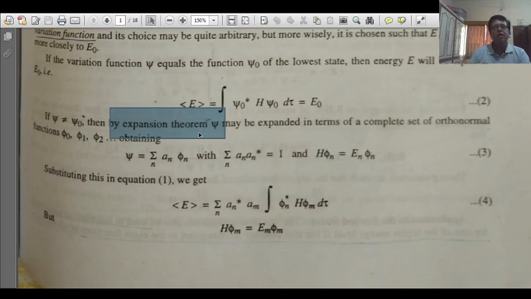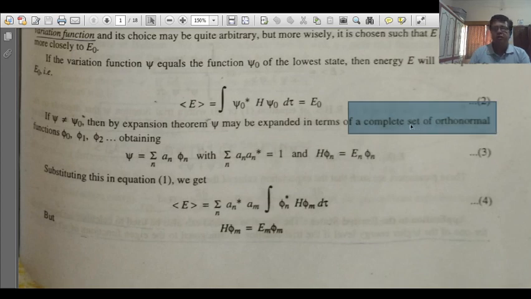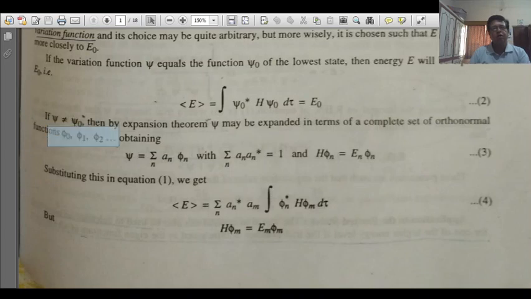Psi is expanded in terms of a complete set of orthonormal functions, which we choose as phi 0, phi 1, phi 2, phi n.